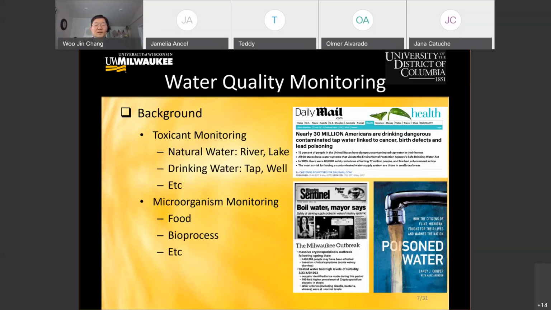So I already mentioned the importance of water quality monitoring. I don't need to talk too much on this, but obviously water quality is a very critical issue even in the United States in recent days.